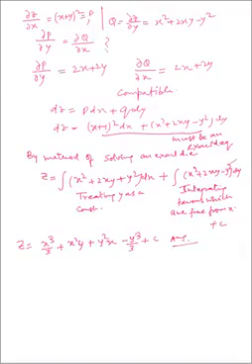Next is p equal to (x minus y) upon (x square plus y square), and q equal to (y plus x) upon (x square plus y square). We have to show whether these are compatible or not, and if so, find the solution.